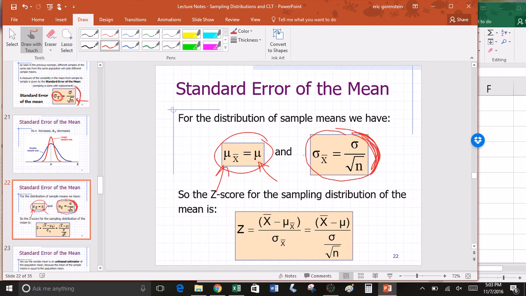So if we plug these into our formula for z-scores, we get z is equal to x minus the mean divided by the standard deviation. Here, our x is actually a sample statistic. So we have our sample mean minus the population mean divided by the standard error.